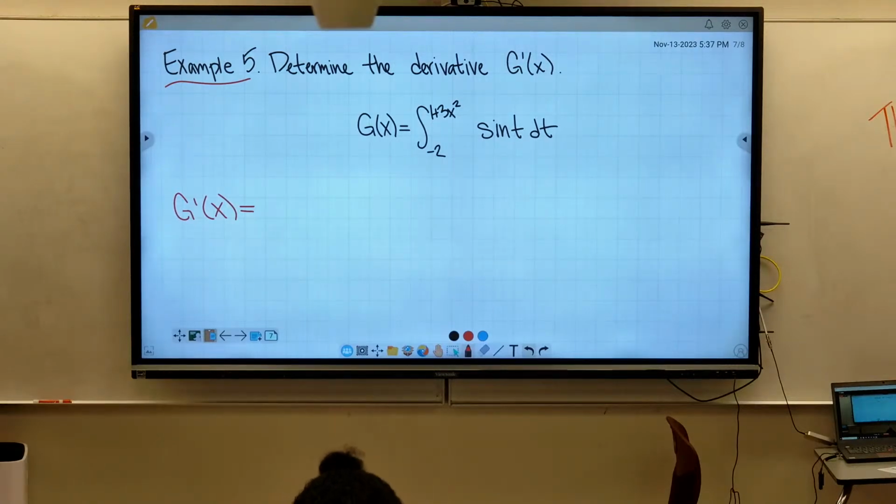And I claim that we've seen this situation before. Has there been a situation where we did derivatives, everything was fine, and then all of a sudden I said, what if I have something more complicated inside of my function? For example, we know how to get the derivative of tangent of x.